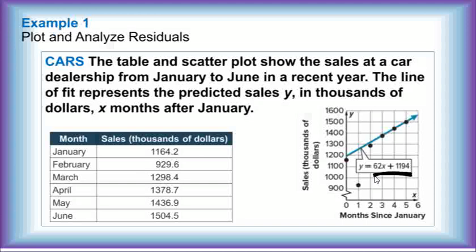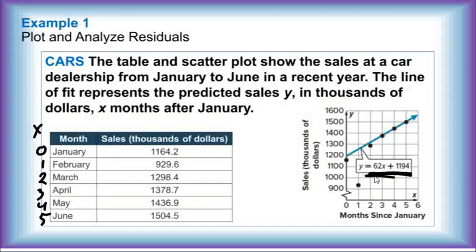Now, x represents the months after January. So that means this would be 0, 1, 2, 3, 4, and 5. So if this is our x, we have to plug those into this equation, and then we're going to subtract that number from the given number that we have.